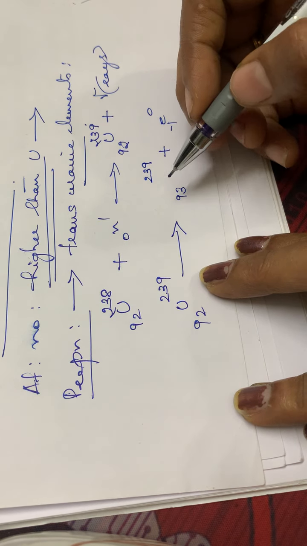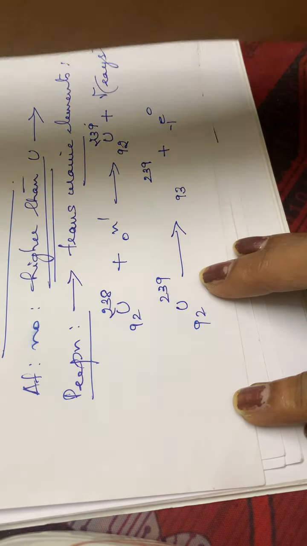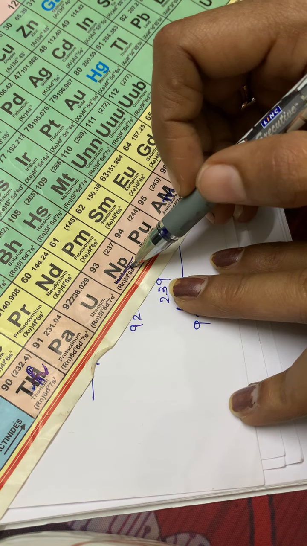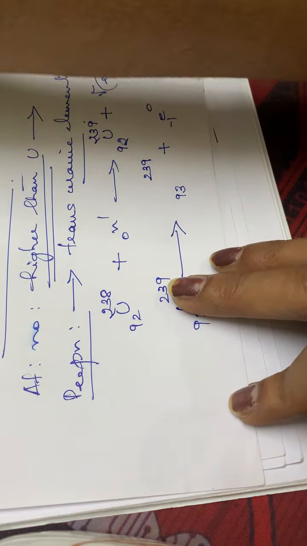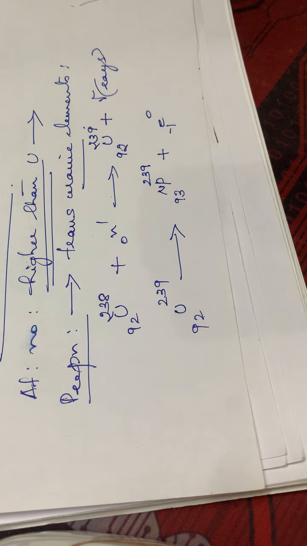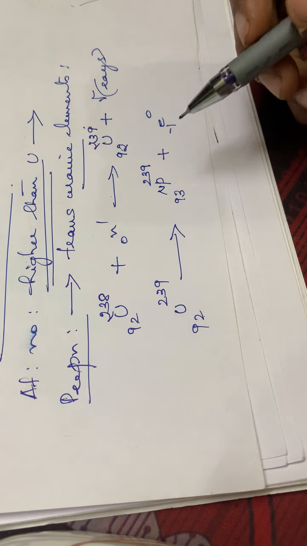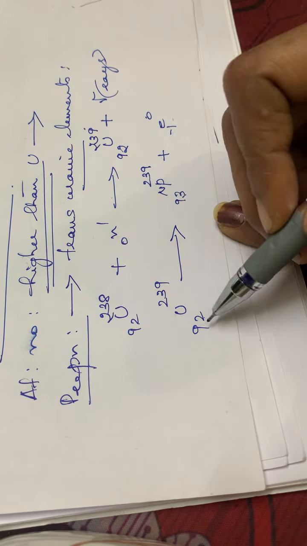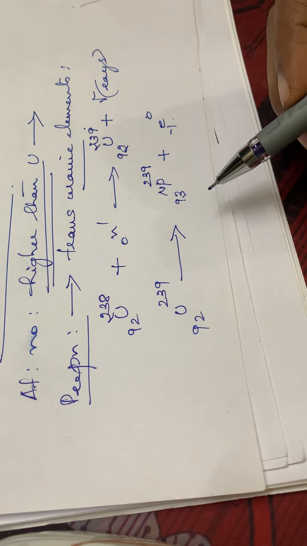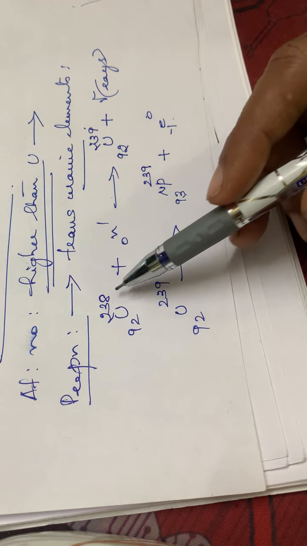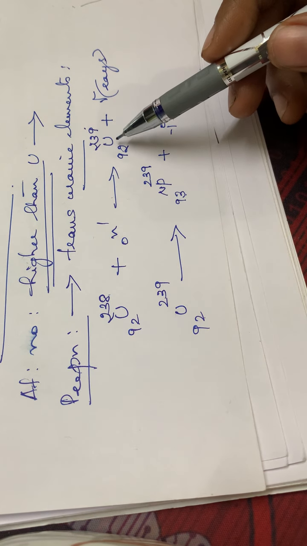And the compound with atomic number 93, what is it? Atomic number 93 is neptunium. So the formed compound will be neptunium 93, 239. You have to check whether it is written correctly. See here, 239 plus 0 is 239, and 93 minus 1 is 92. So you have to write the equations like this. When uranium 238, 92 is bombarded with a neutron, we get an isotope of uranium.